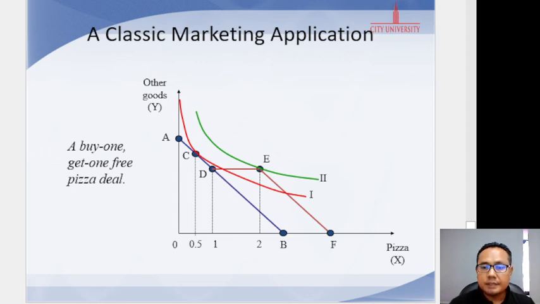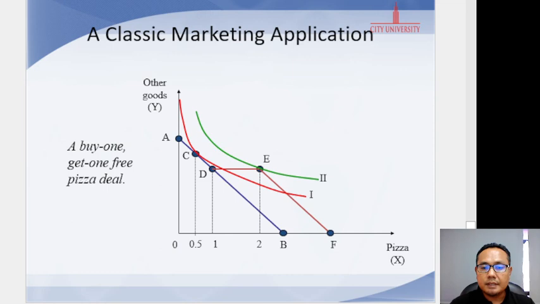If she buys less than one large pizza, she gets no deal, and her budget line to the left of one pizza remains as it was, namely AD. But if she buys one large pizza, she gets a second one free. So in this instance, the budget line becomes DEF as soon as she buys one pizza.